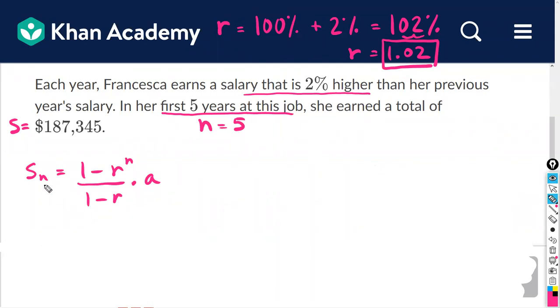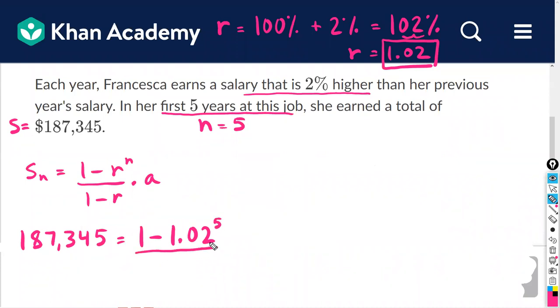All right, so we have our formula here, just like we've been using. The sum is going to be 187,345, and that's going to equal 1 minus R, where R was 1.02 to the power of N. We said N is 5 because we're doing the first 5 years.